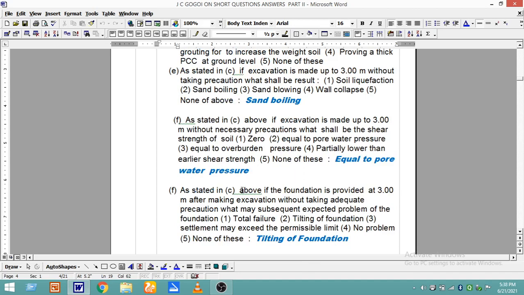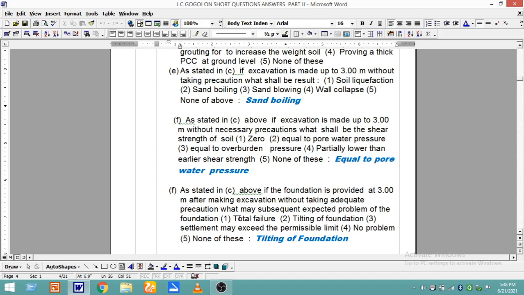As stated in C, the foundation is provided at 3 meter after making excavation without taking adequate precaution, and may face subsequent expected problems. What may be the subsequent expected problems? If we complete the works without taking any remedy, what will be the future problems we can expect?